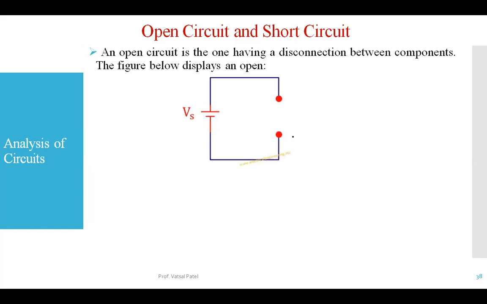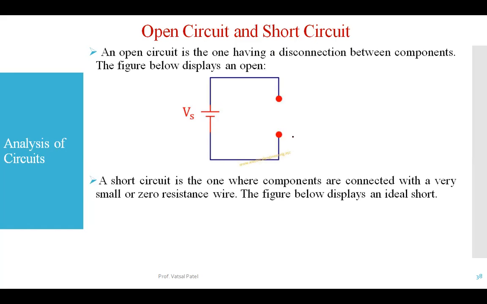This is the open circuit case. If a component is disconnected from these two terminals, then this is the connection of the open circuit case. A short circuit case is one in which the component is connected with a very small or zero resistance wire, just like this. So this is what we call the short circuit case.